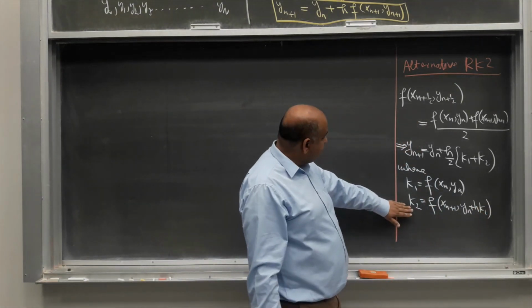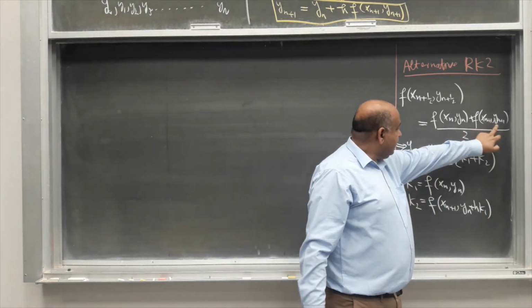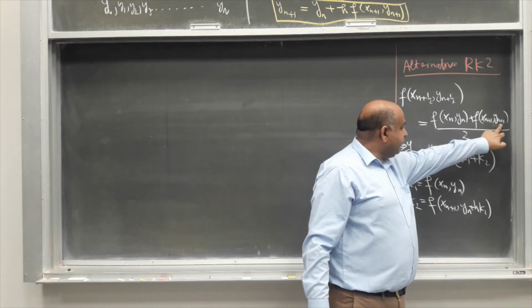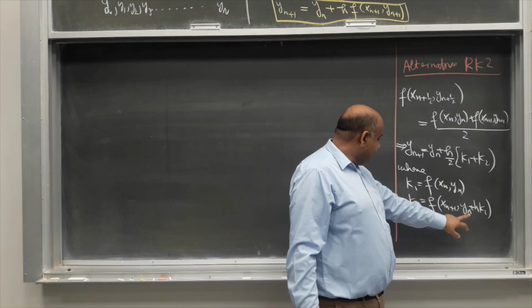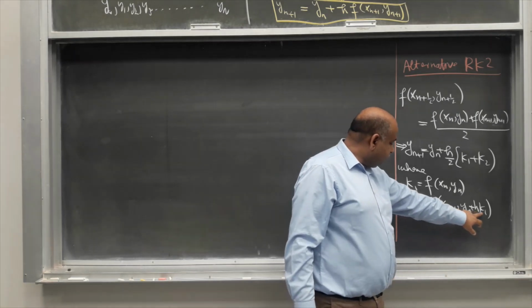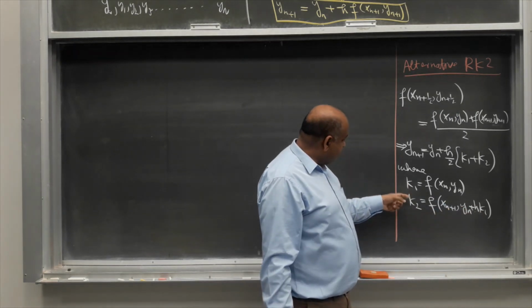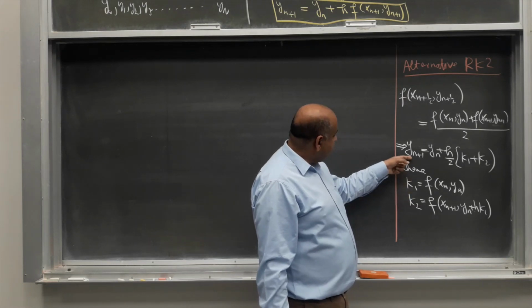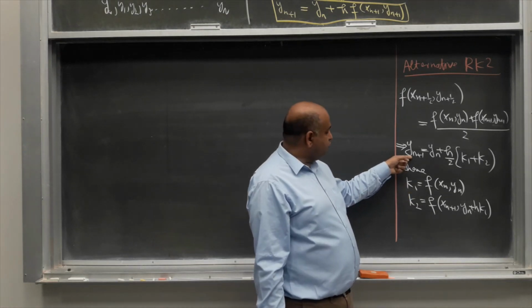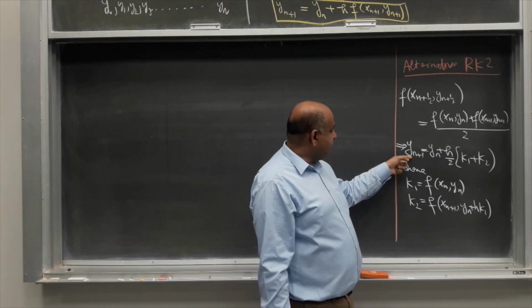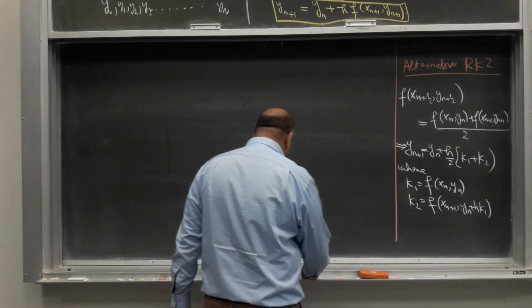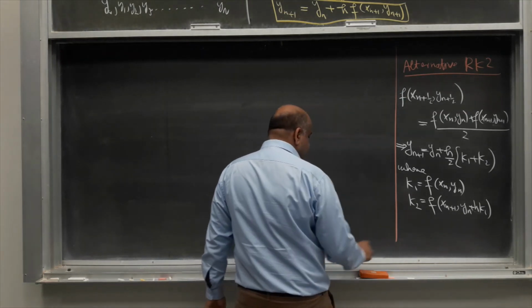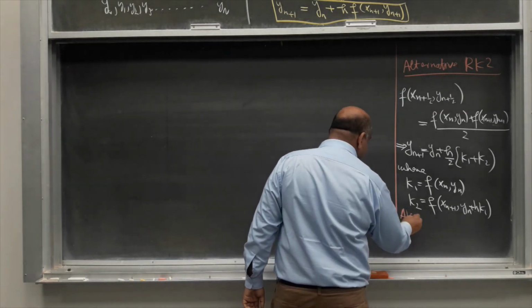Because for k2, which is actually this term, I am approximating this yn plus 1 using the forward Euler method by yn plus h k1. So with this k1 and k2, we have an alternative implementation of the Runge Kutta second order method, which is here. And this, by the way, is also called the trapezoidal method.